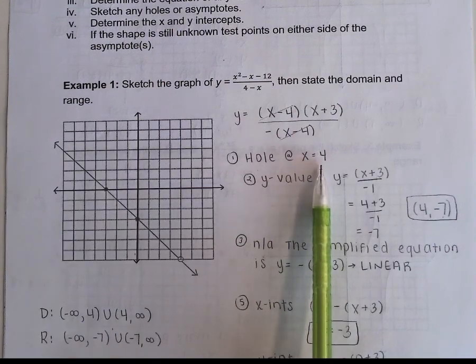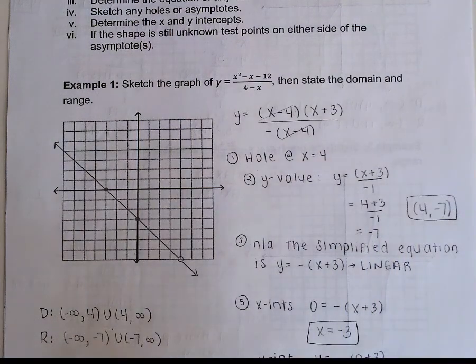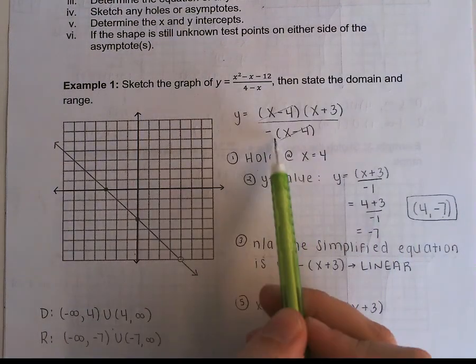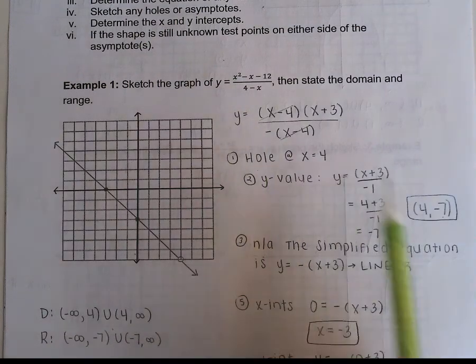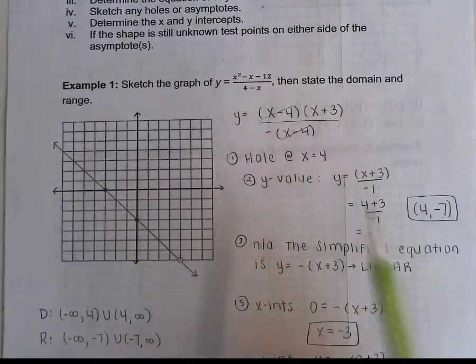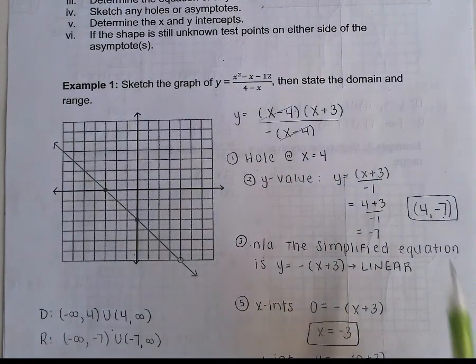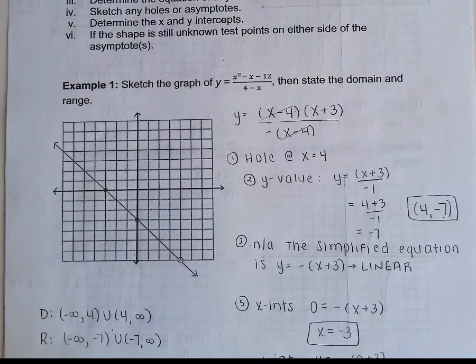I then take that x value and plug it into the simplified equation. Make sure you don't forget about this negative. The simplified equation is actually x plus 3 over negative 1. It could also just be written as negative x plus 3. When you plug that in, you get a value of negative 7. So the hole is at (4, negative 7).